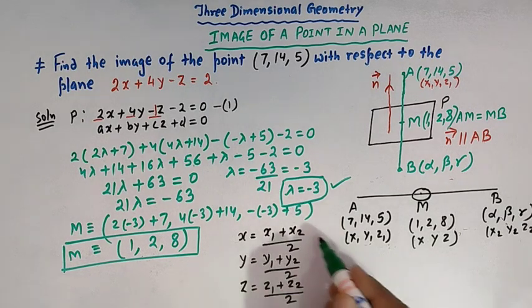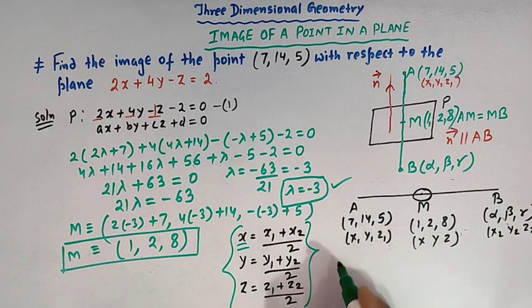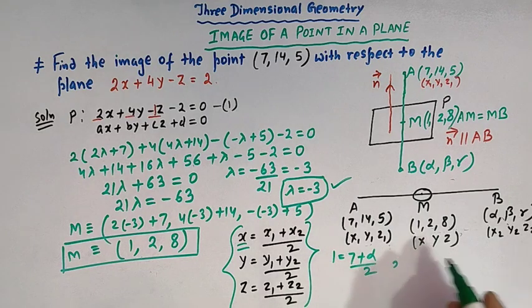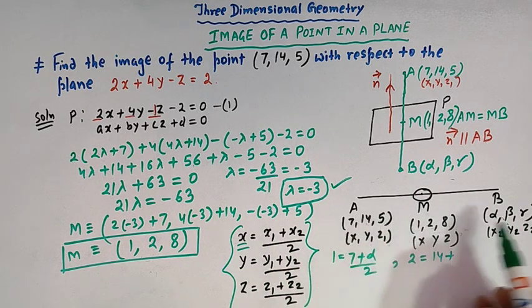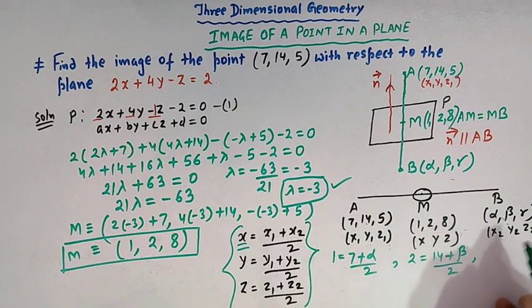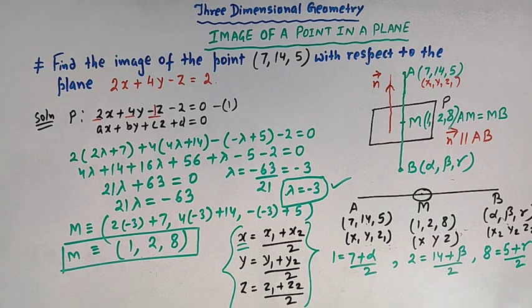So now we can utilize these three equations. See, x is here 1, so we have 1 is equal to (7 plus alpha)/2. Then we have the second equation, y is 2, and we have (14 plus beta)/2, because y1 and y2 are 14 and beta. And then we have the third equation, that is z is 8, so we have 8 is equal to (5 plus gamma)/2, right?